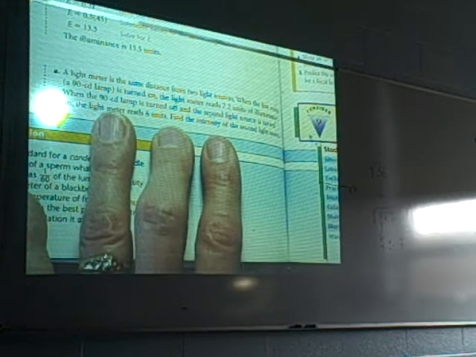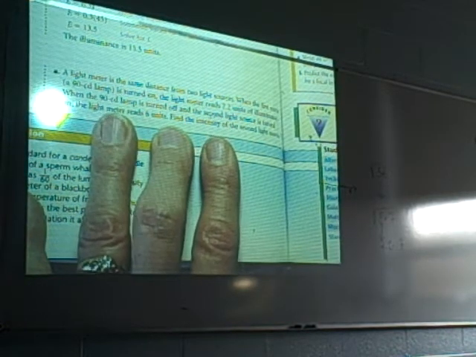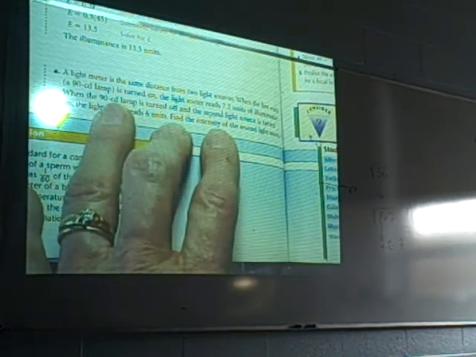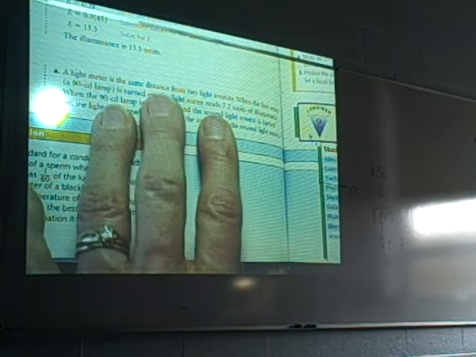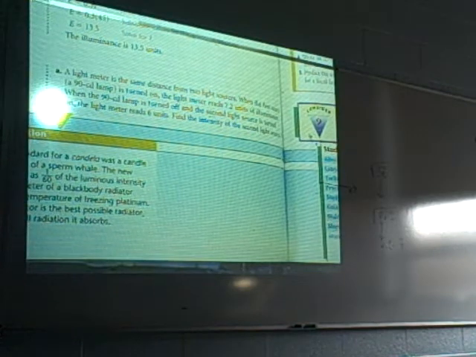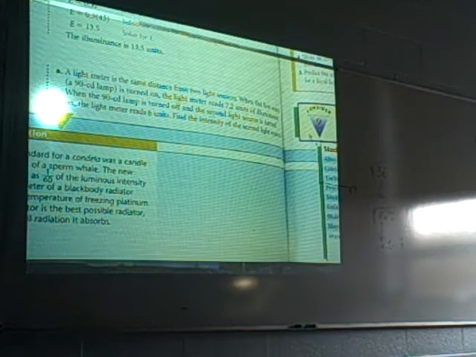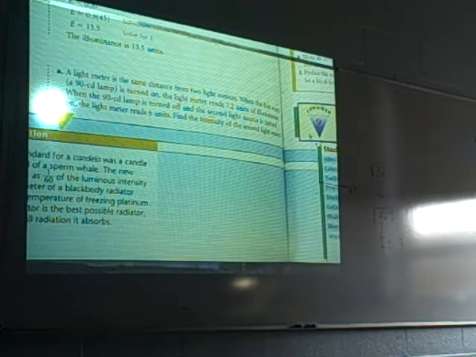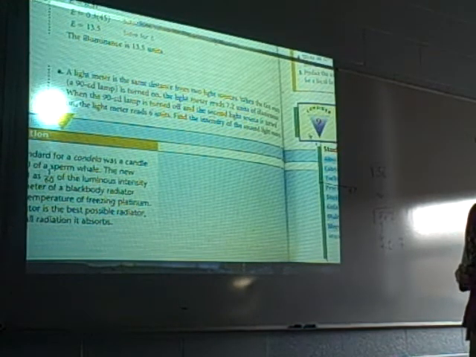Don't we have a number for Y? What is Y? What is dependent on what? Illuminance is dependent on intensity.